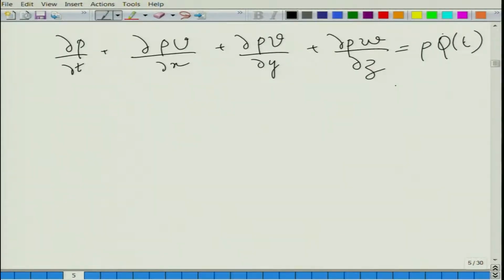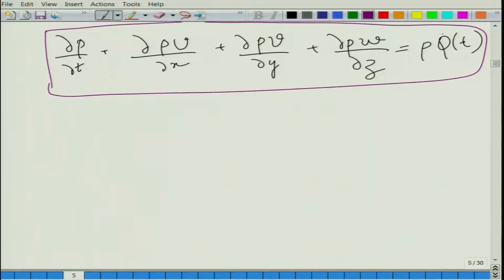This is the continuity equation with the inhomogeneous volume source term sitting on the right hand side. Clearly, if q delta t is 0, we get back our familiar homogeneous equation. That is the beauty of this formulation: it reduces back to the homogeneous form in case there are no artificial sources within that volume.